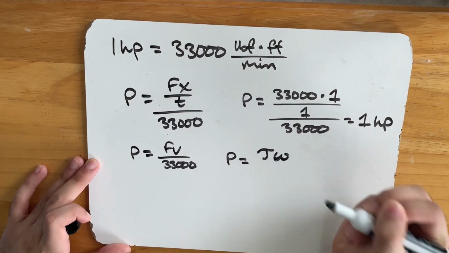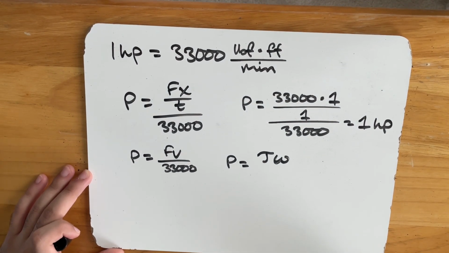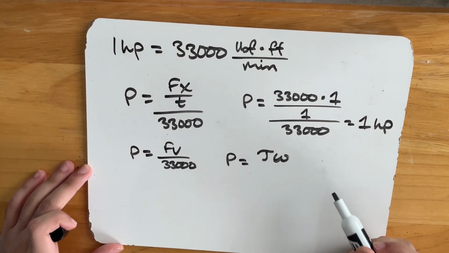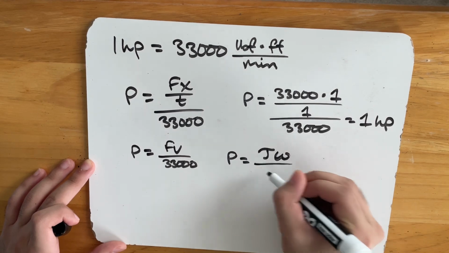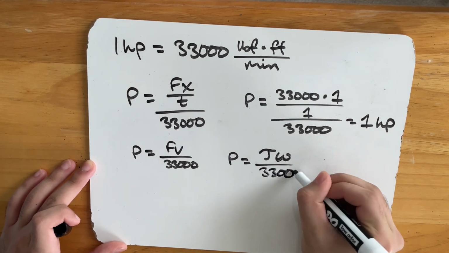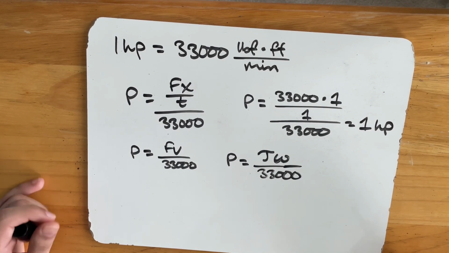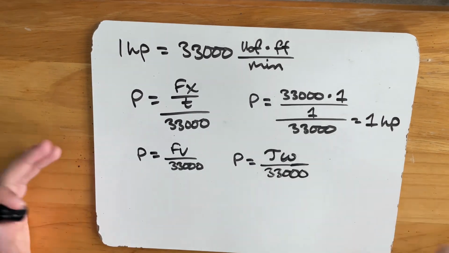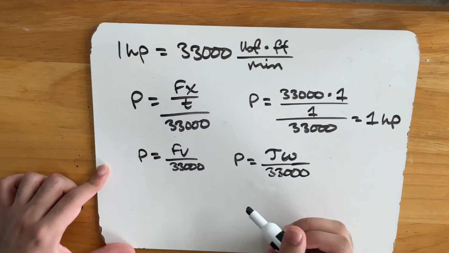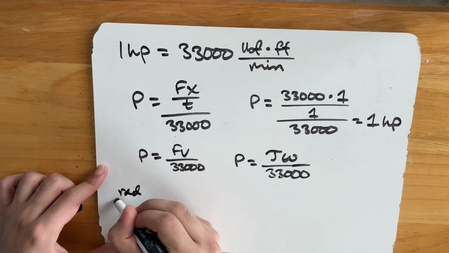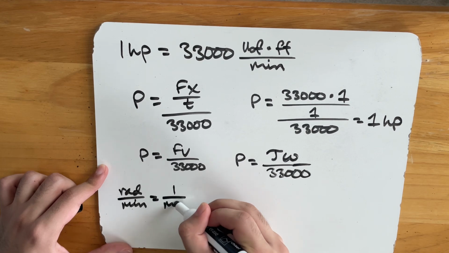This is omega. But here's the thing, the units of omega are actually in radians per minute. Let me write my full equations first. So our omega is in radians per minute, and we're dividing by 33,000. In physics, radians kind of doesn't actually count as a unit. So when I'm doing arithmetic with units, radians per minute is really just equal to 1 over minutes, if that makes any sense.